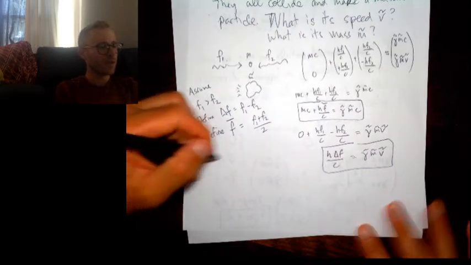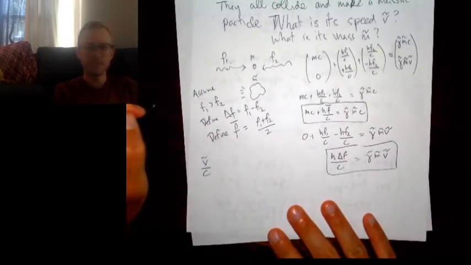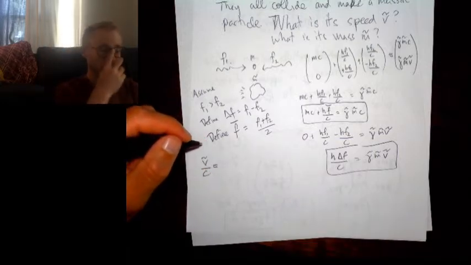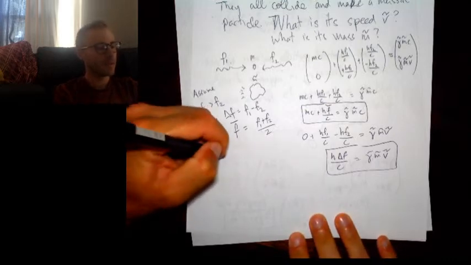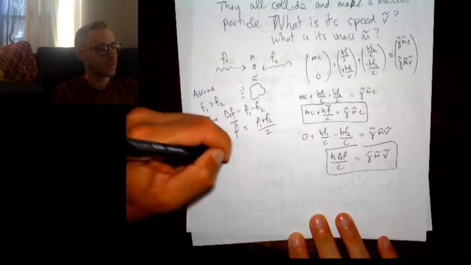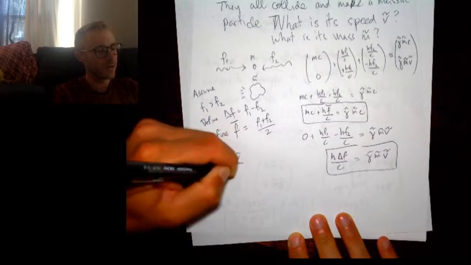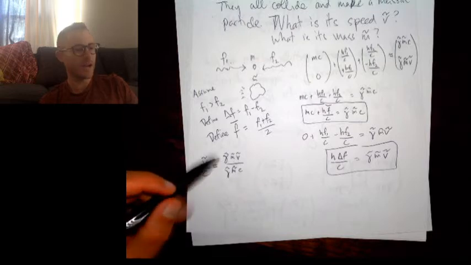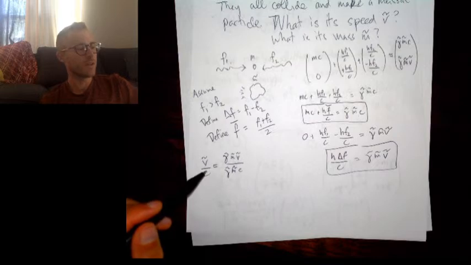Now what I can notice here is that V squiggle over C equals gamma squiggle M squiggle V squiggle over gamma squiggle M squiggle C. So notice how if I divide this by this, I can get the velocity, okay?